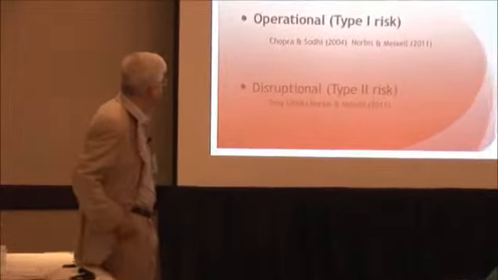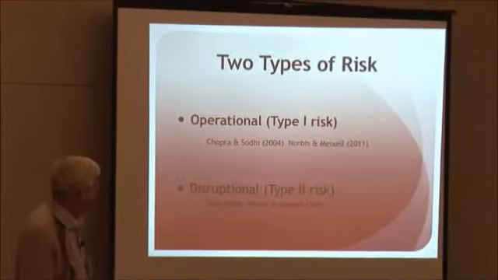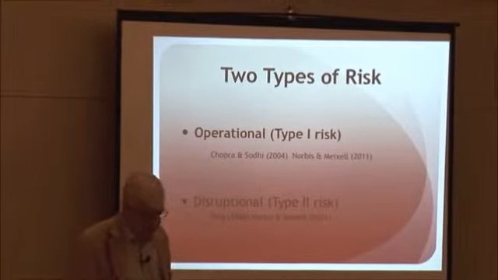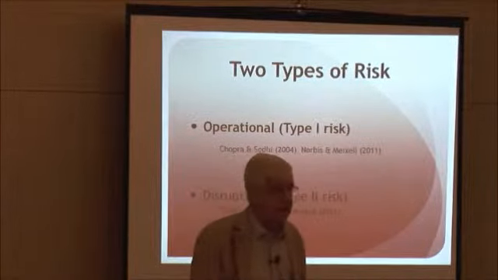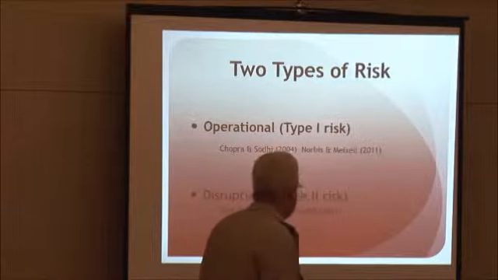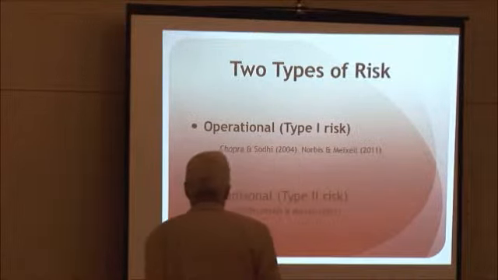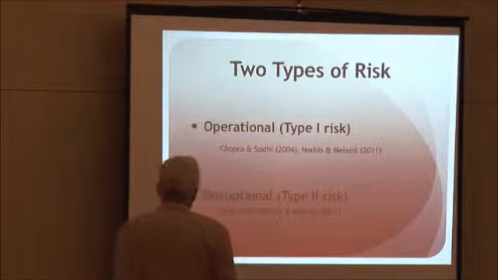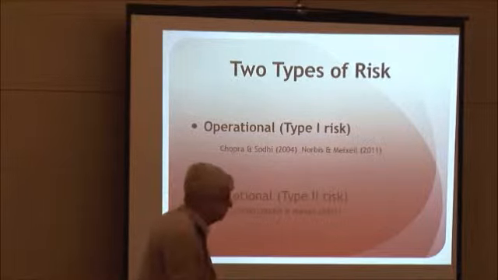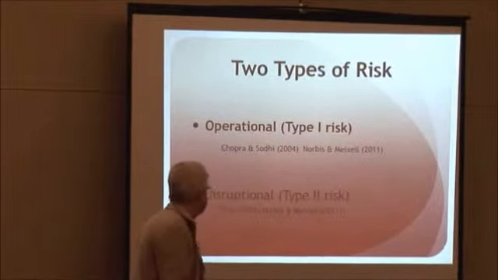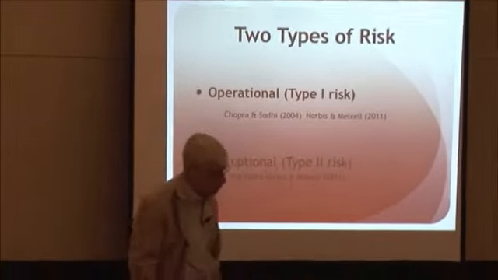As we move on, considering risk, we are going to be talking about 2 different types of risks. There may be many different types of risks, but we and other authors identify 2 types. Operational risk, defined by Chopra and Sodhi in 2004, is used by us in our publication. We call it risk type 1.